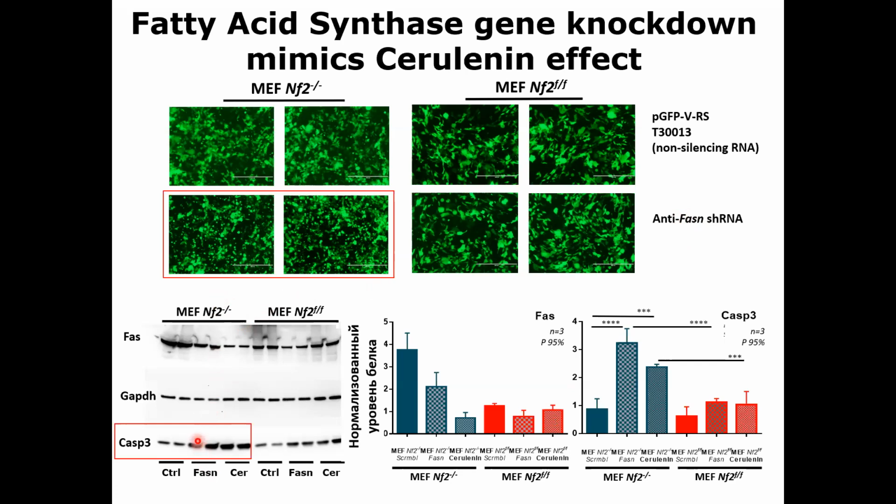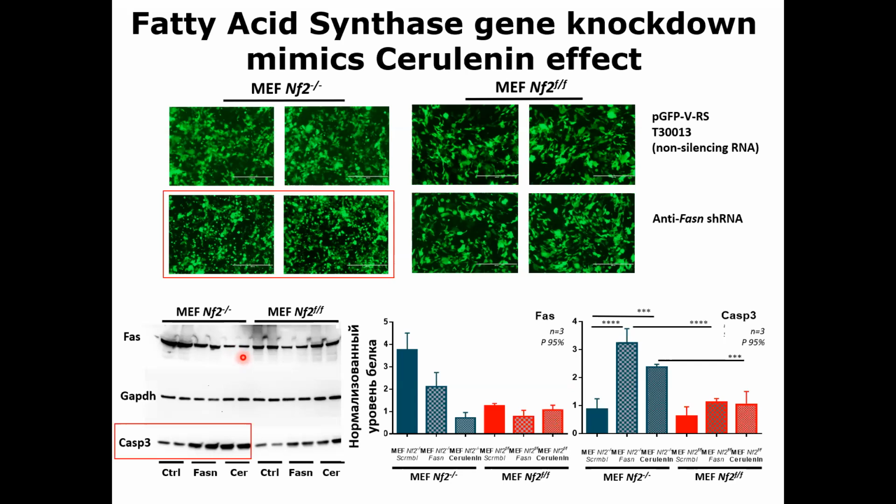Here you see the anti-fatty acid synthase shRNA, the decrease in expression level, and increase in the apoptosis marker, caspase-3. And the same effect was observed with Cyrilline, also a huge increase in caspase-3. And also, for some reason, it genetically modified the expression of fatty acid synthase.